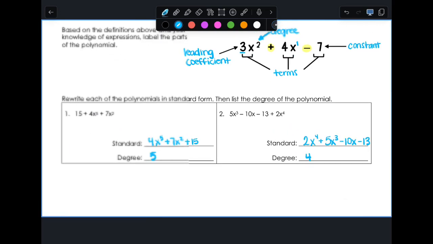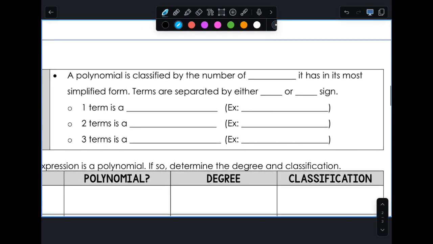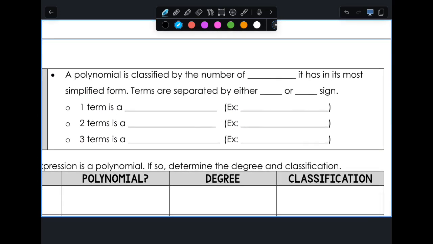So with polynomials, you have specific names for a polynomial if it has 1, 2, or 3 terms, okay? A polynomial is classified by the number of terms. And always remember your terms are separated either by a plus or a minus sign. Your plus and minus sign separates your groups of numbers and letters, okay?